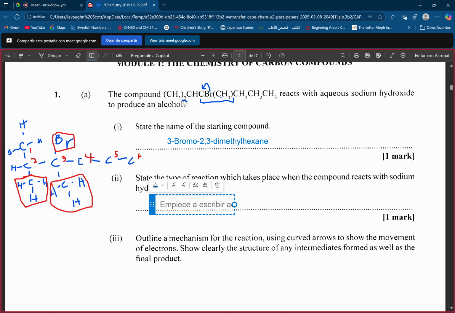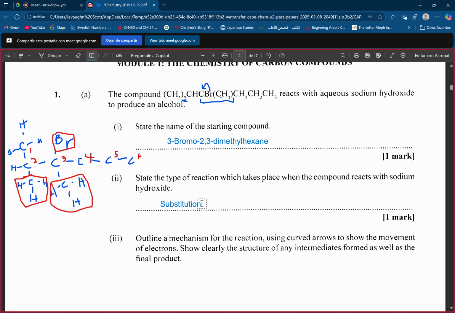It is a substitution reaction. Okay. So it's a substitution reaction. Let's start there. That's a type of reaction it is. The mechanism, right, is different from what the reaction is, right?